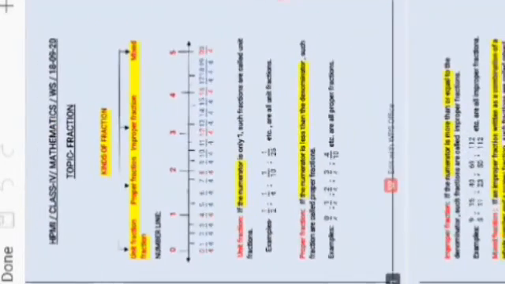If the numerator is greater than the denominator, then it is called improper fraction. Here in the worksheet you can see. Improper fractions are those where the numerator is more than or equal to the denominator.